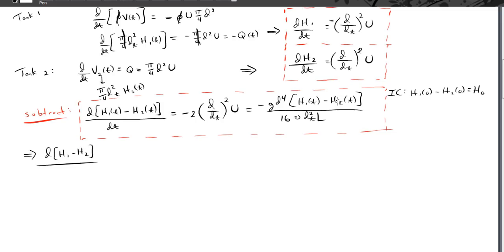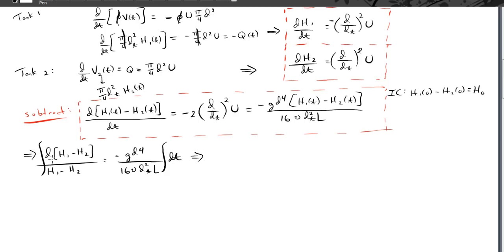On the left-hand side, we divide by h1 minus h2, and that will now be equal to minus g d to the fourth divided by 16 nu D_T squared times L, dt. We can now integrate each side of this equation. Everything here out in front of dt is a constant, so we can simply put the integral sign here.